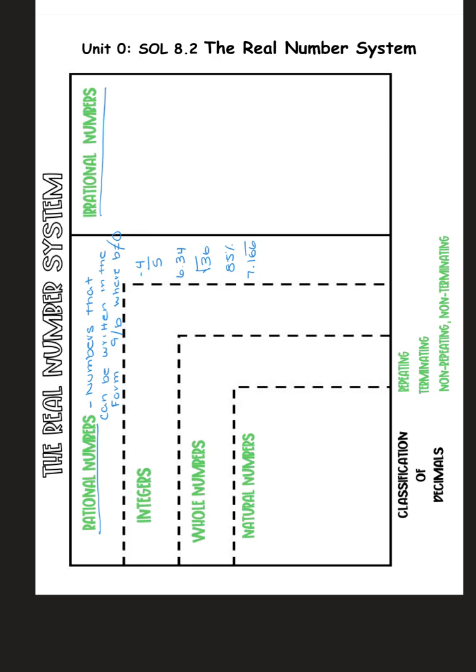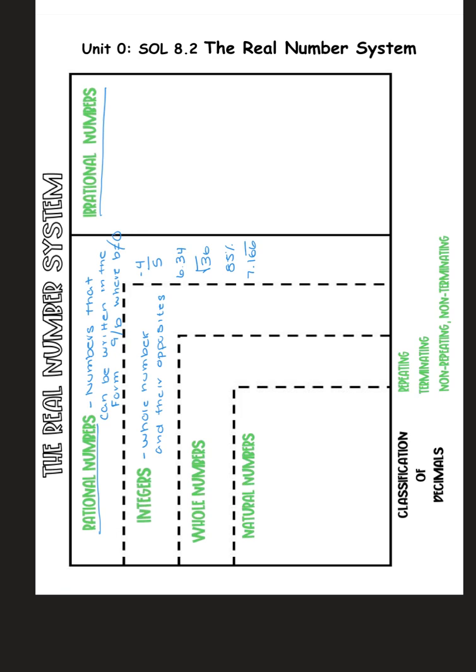Integers are whole numbers and their opposites. Remember what we mean by opposites: it's the positive and also the negative.